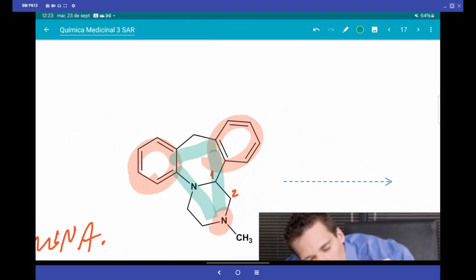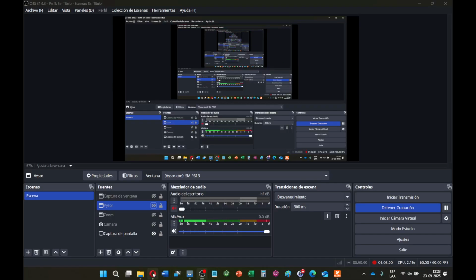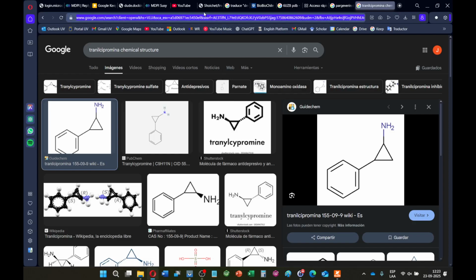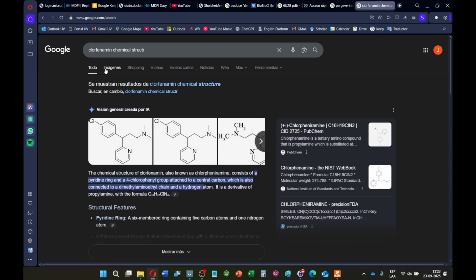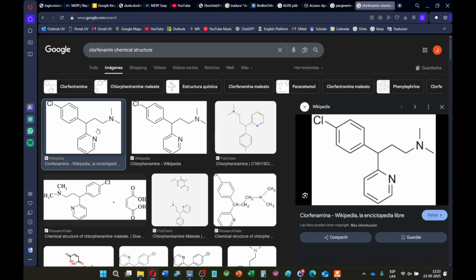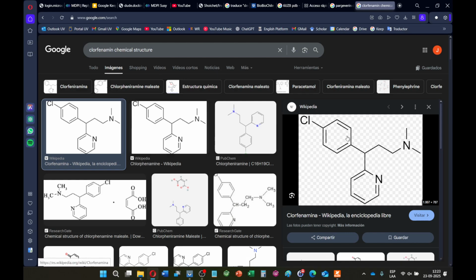This one is open, but it is familiar: two aromatic rings and a triangle with a protonable nitrogen. You see it then? There it is. That is why it has an antagonist effect.